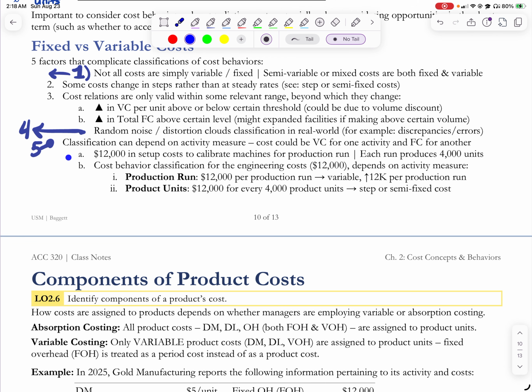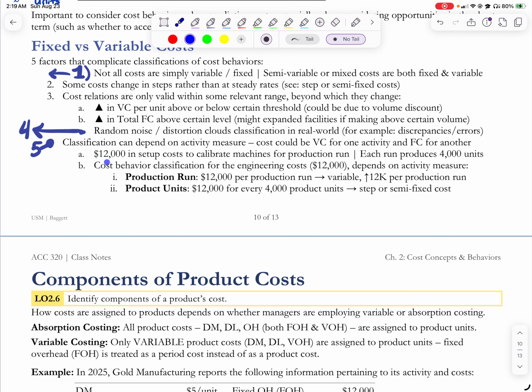So, for example, think about engineering costs or setup costs relating to calibrating machines for each production run. Every time they're ready to do a production run, it requires all this work to get the machine set up and calibrated. It costs $12,000 for each production run, and every production run produces 4,000 units.